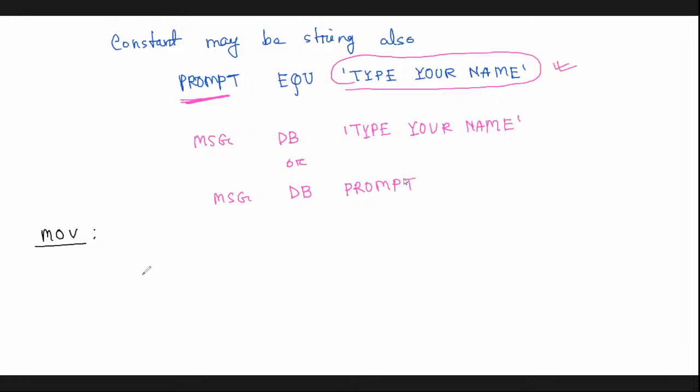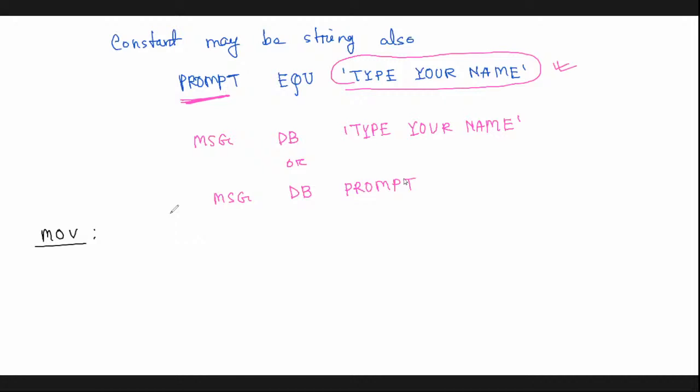You know that move means to move something, right? It is used to transfer data between two registers. It can also transfer data between a register and a memory location, or you can move a number directly into a register or a memory location. So there are three tasks of this move instruction.